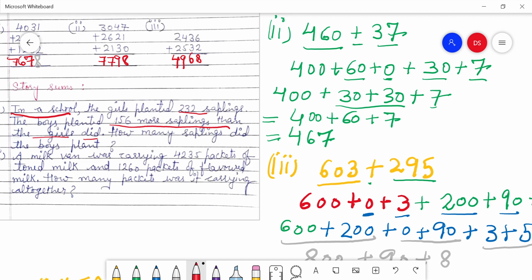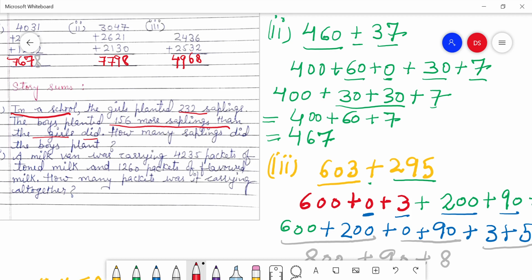So children, as you can read in the last line, the question is how many saplings did the boys plant? We have to know the number of saplings planted by the boys. As we can read in the story sum from the starting, in a school the girls planted 232 saplings, so it is clear in the question that boys and girls both planted saplings, and the boys planted 156 more saplings than the girls.